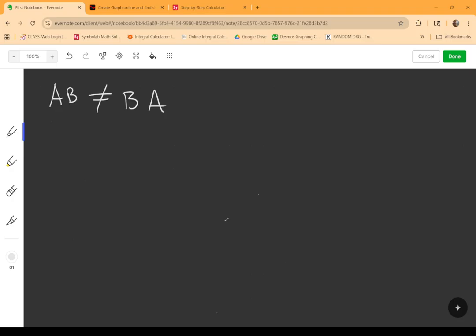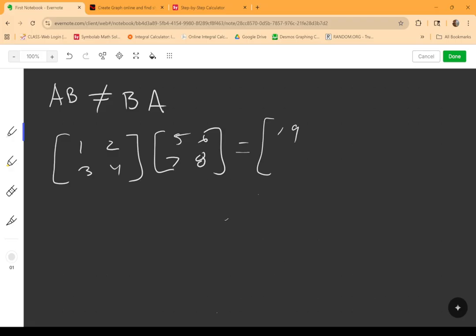So, for example, let's take a look at just a simple 2 by 2 example. Let's say we had 1, 2, 3, 4 and 5, 6, 7, 8, and we multiply it here. So here again we get 5 times 1 plus 2 times 7, we get 19, and then moving on to the second row in the first column, 15 plus 28, it gives us 43.